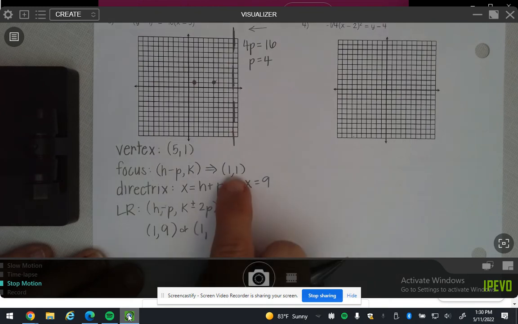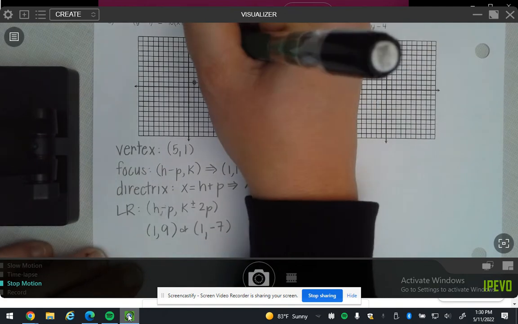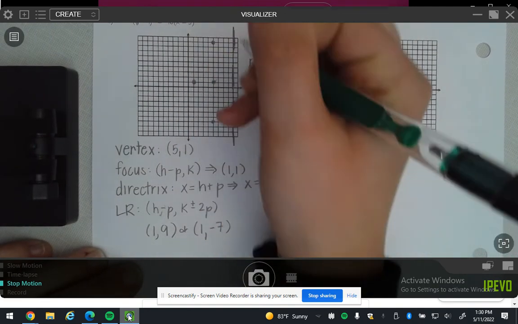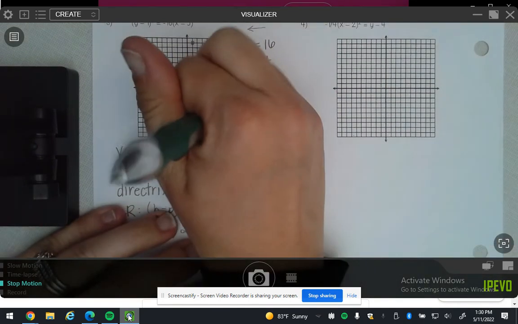There's a negative. Oh, yeah. Oops, I just put them on the wrong thing. Don't put them with your vertex. I do that a lot.